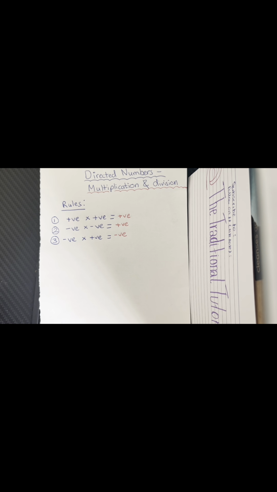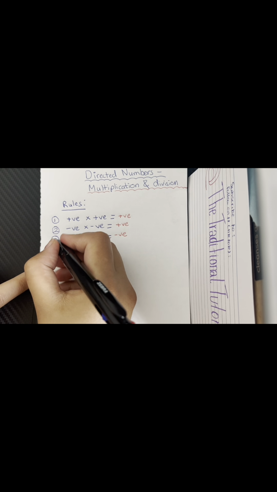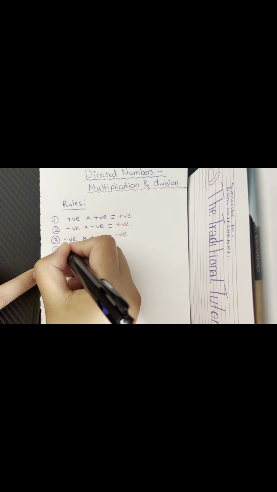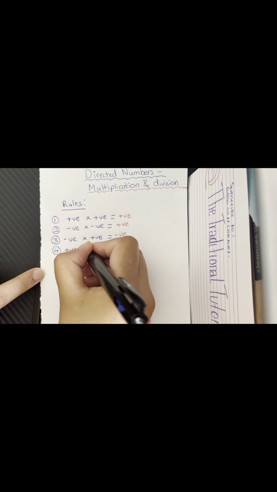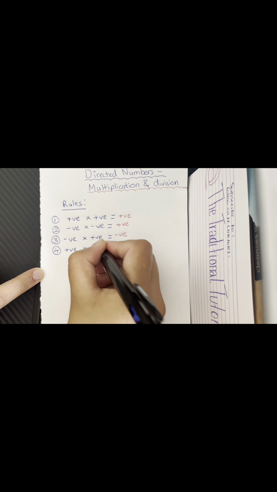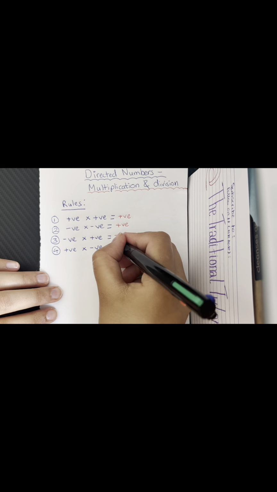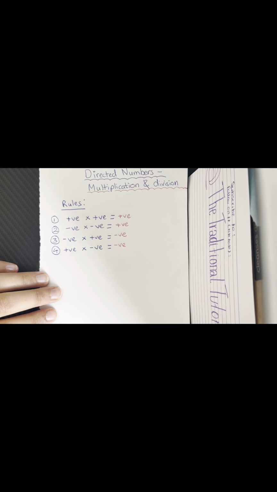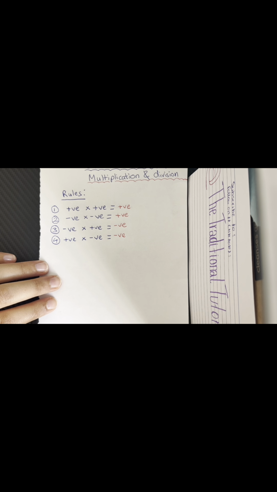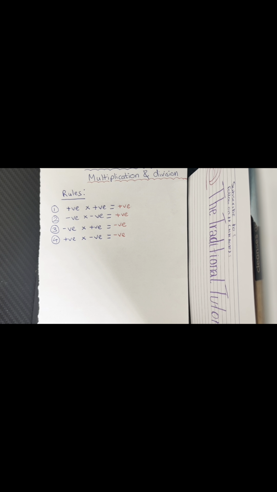And then lastly, it's just the other way round. So you're starting off with a positive number, multiplying by a negative, and then your answer is again a negative answer because your signs are different. Okay, and I'll take a look at some examples.